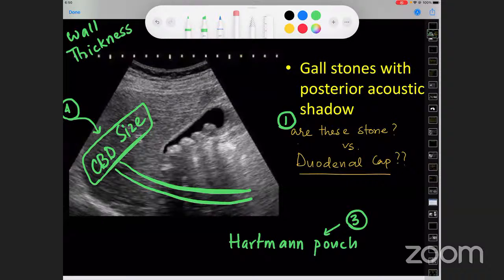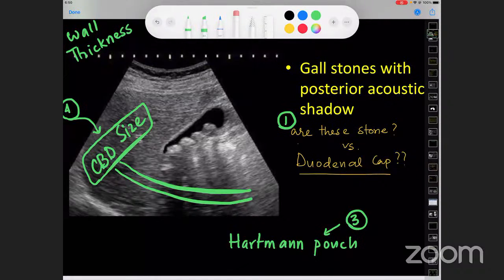And if you follow the gastric antrum, you can see the first and second parts of the duodenum abutting the pancreatic head and going down. You may not see the third or fourth part very clearly, but the second part of the duodenum, its texture and wall, is pretty different from the texture of the hepatic flexure of the colon. So I don't think it will be very difficult to differentiate between these two.